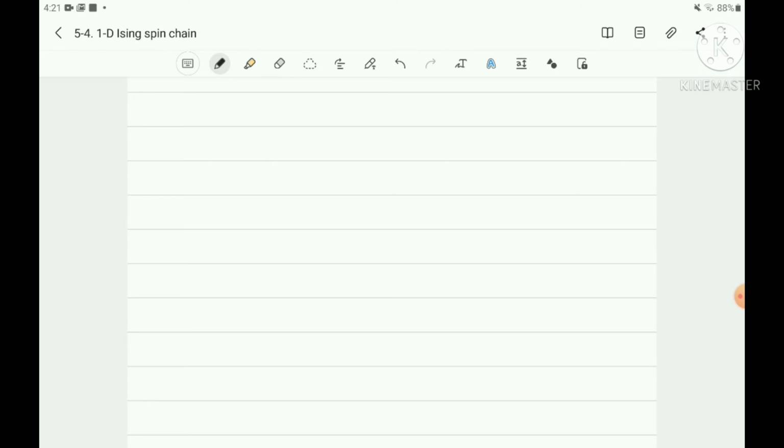Here, at this time, I will deal with the one-dimensional Ising spin chain. This is a one-dimensional Ising spin chain.